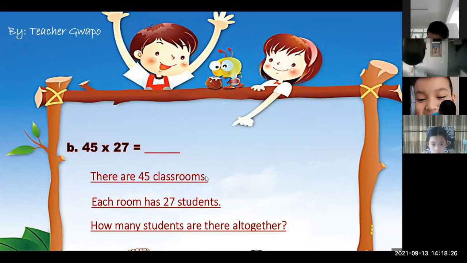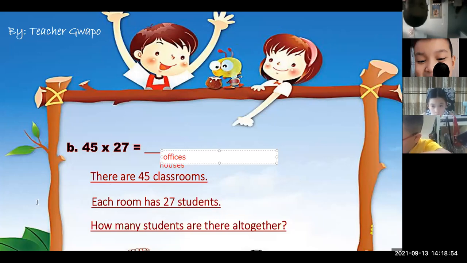So here, we choose the place and then the students or people. Place and people. So instead of classrooms, you can say here houses. You can say there are 45 houses, or you say there are 45 offices. Okay, office where your mom or your dad is working. Each room has 27 students.